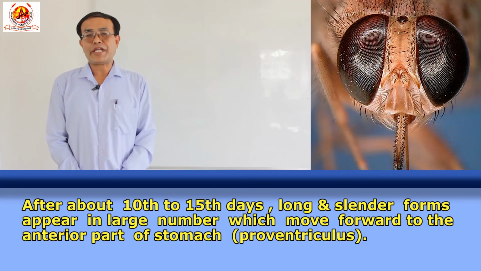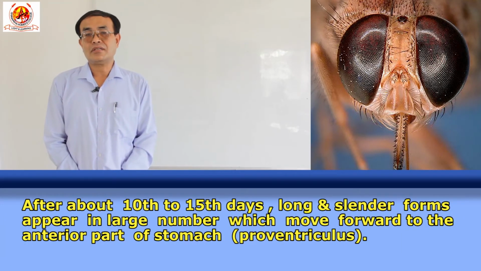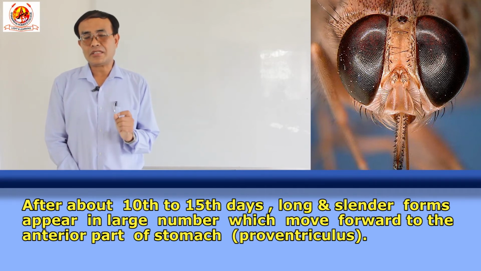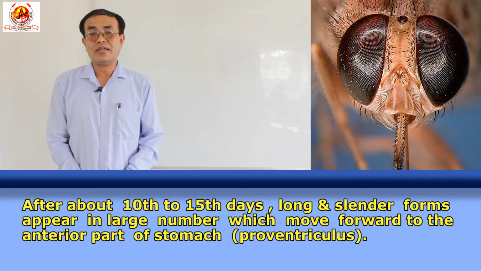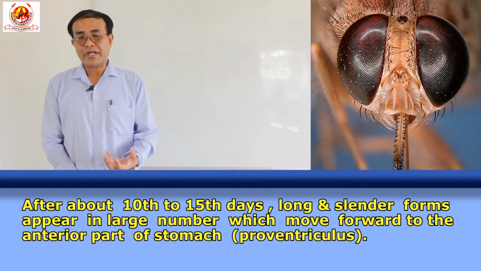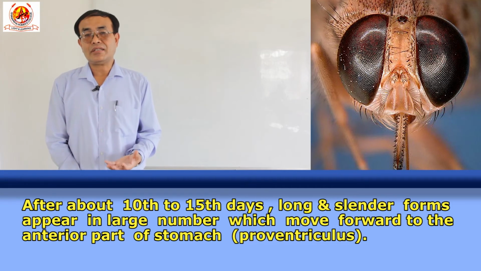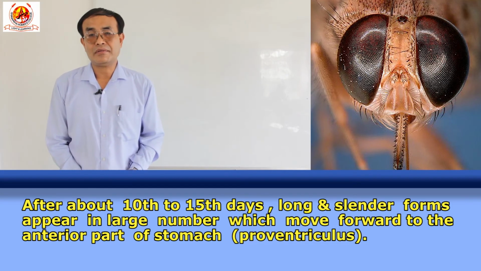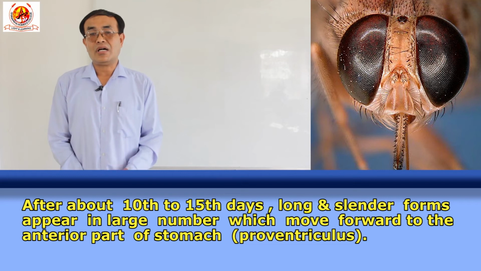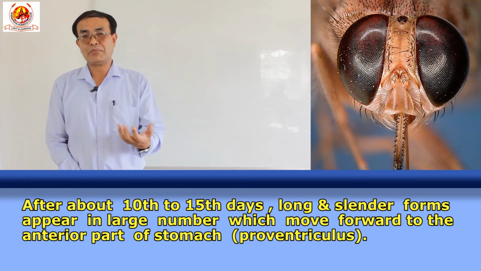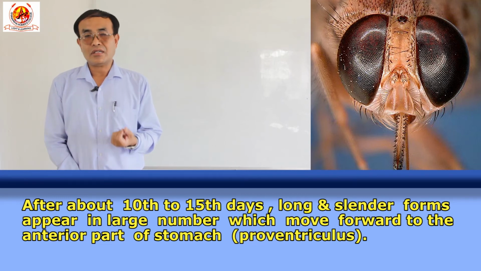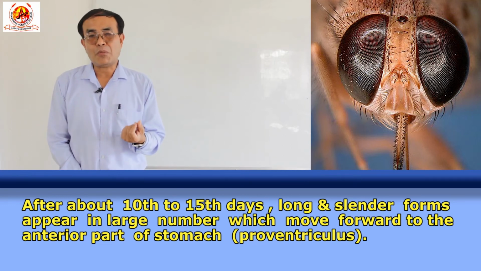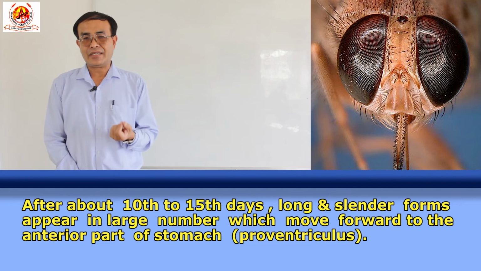After about 10 to 15 days, this parasite is in the form of a long and slender body, and develops in a large number, and it moves to another part, remaining in the anterior part of the stomach of the fly.